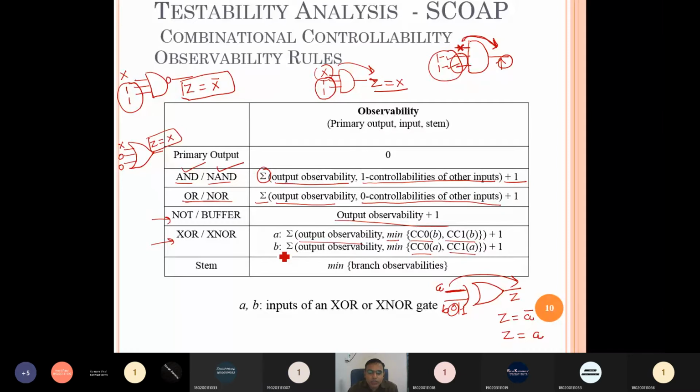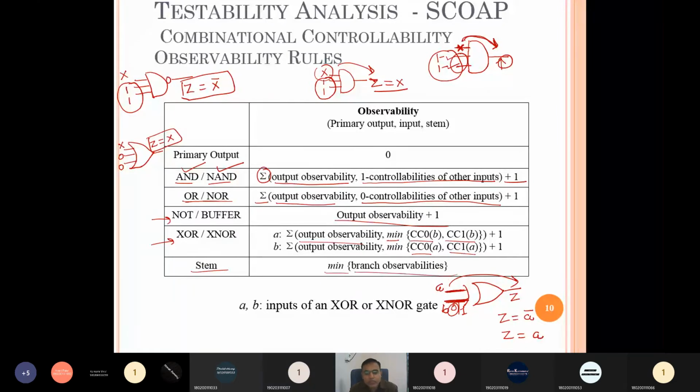Similarly for the B input, if you want to calculate the observability of the B input line, then it is the minimum of CC0A or CC1A, plus 1, plus the output observability of the XOR gate. For the stem, for the fan out branches, it is the minimum of the branch observabilities.